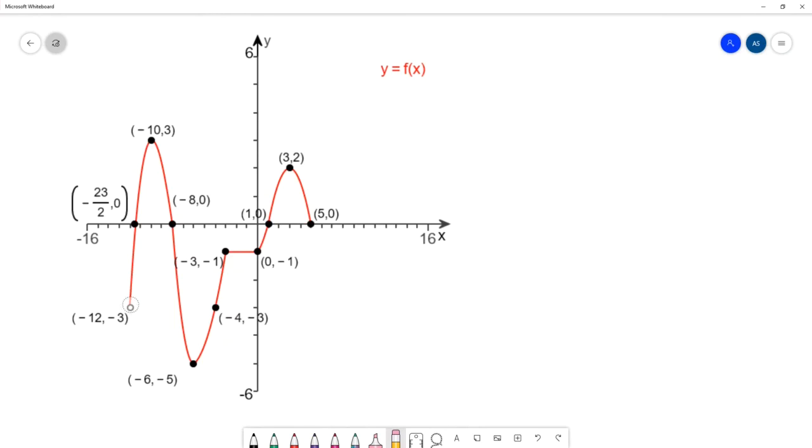So we always start at the smallest x, as far left as we can go. We're going to trace our graph. And as we trace, you can see that the y values are increasing, then decreasing, then increasing, then constant, increasing, then decreasing.